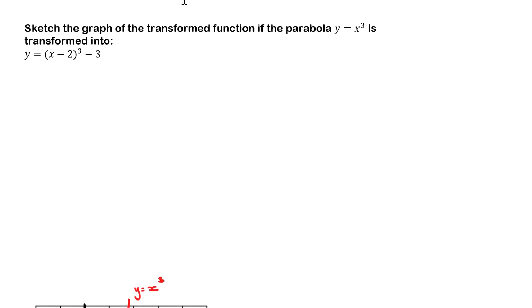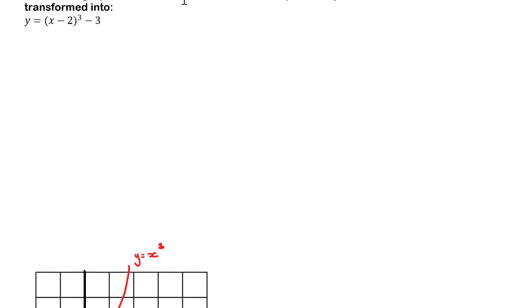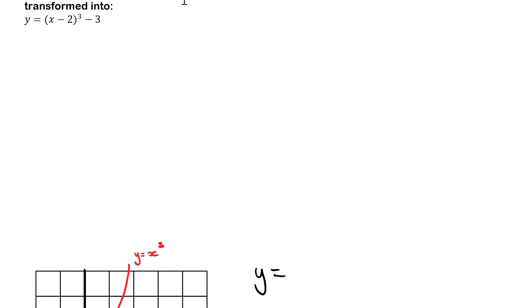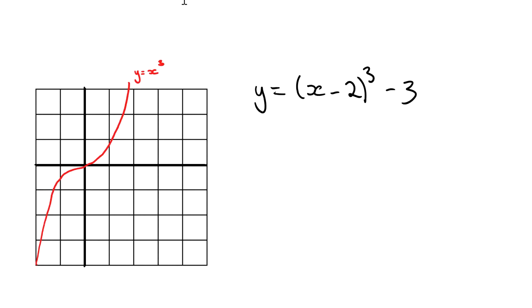Sketch the graph of the transformed function if the function y equals x cubed is transformed. So here we have a y equals x cubed function. We know that our transformation will be y equals (x minus 2) cubed minus 3. Again, these are just translations, so we can put them in now. So I'm going to do my horizontal translations and move each point to the right 2.